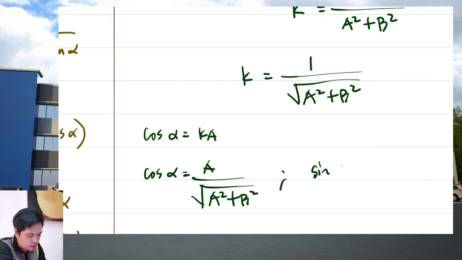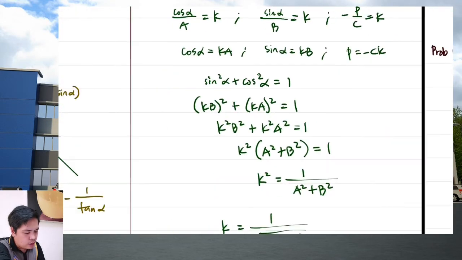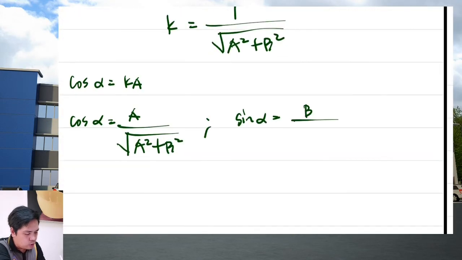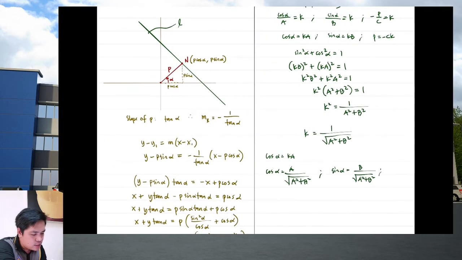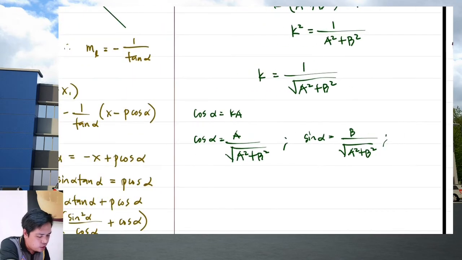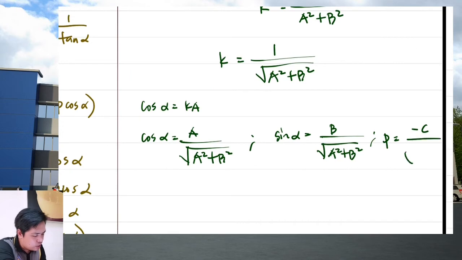And sine alpha is Kb. So that's b over square root of a squared plus b squared. And we have c, or p. p is negative ck. So k is 1 over square root of a squared plus b squared.